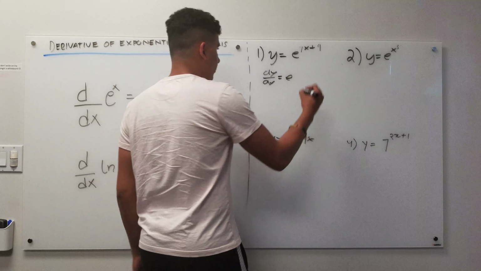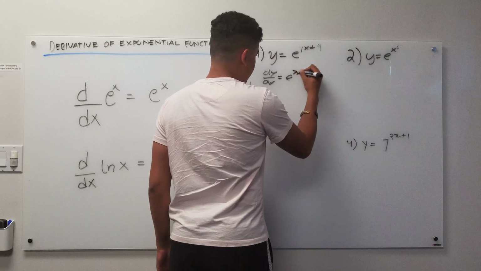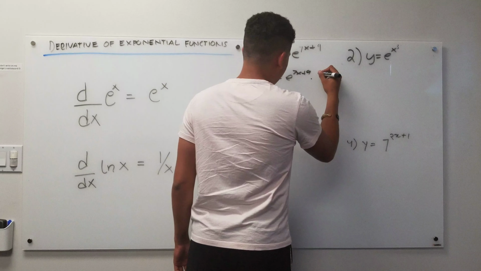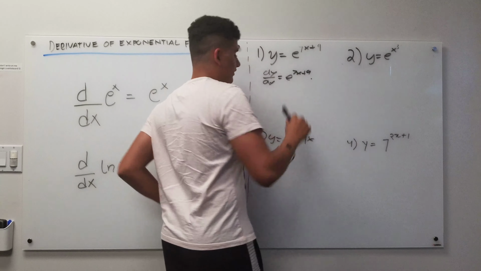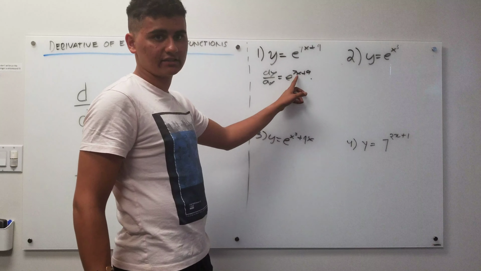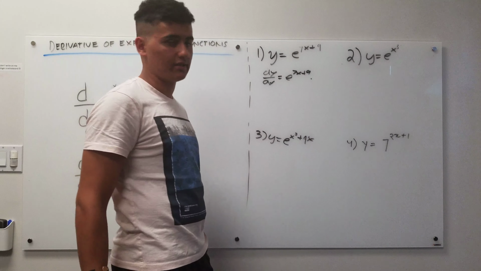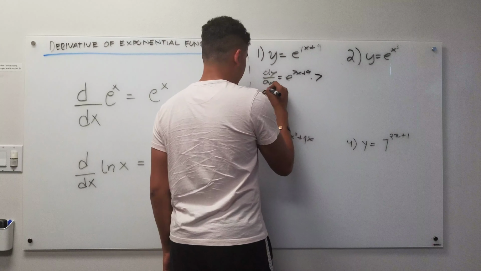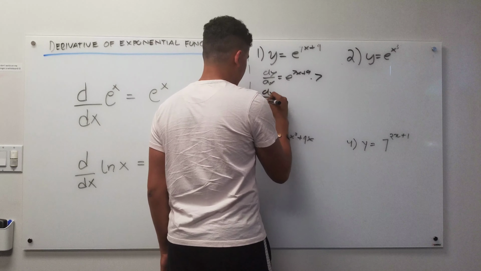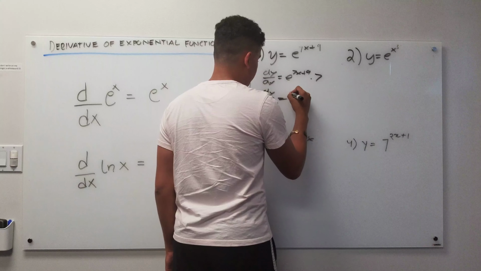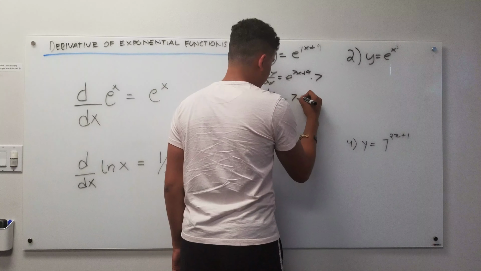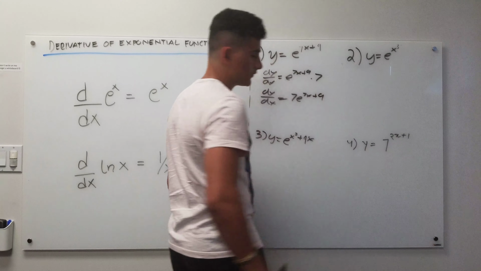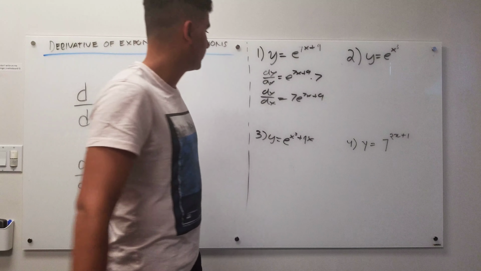So e to the power of 7x plus 9, but since this is not x, I'm going to have to apply the chain rule and multiply by the derivative of that. Now using power rule, the d/dx of 7x plus 9 would just be 7. So dy/dx is equal to 7 e to the power of 7x plus 9. Very simple problem.